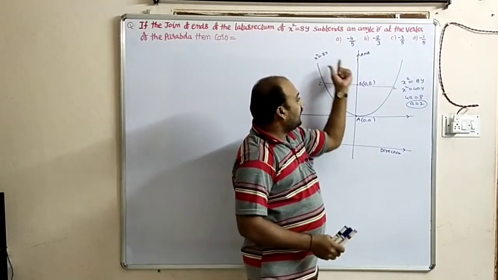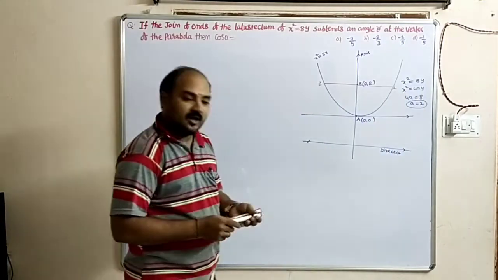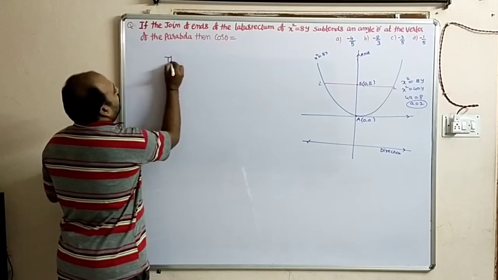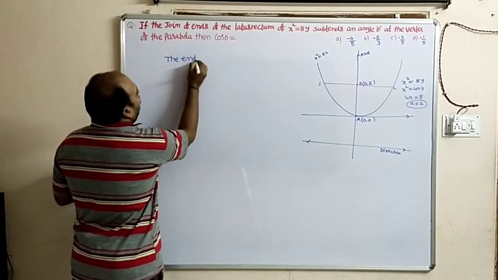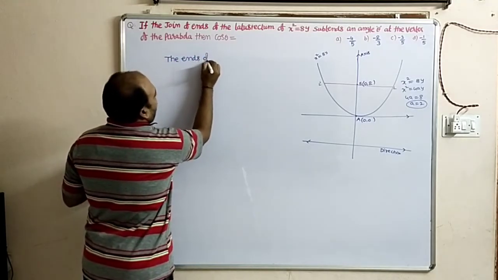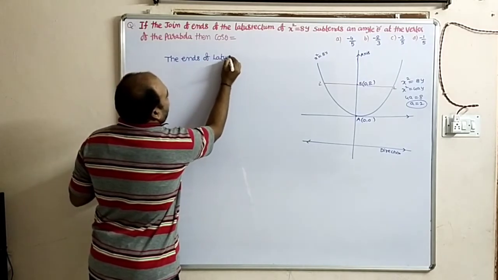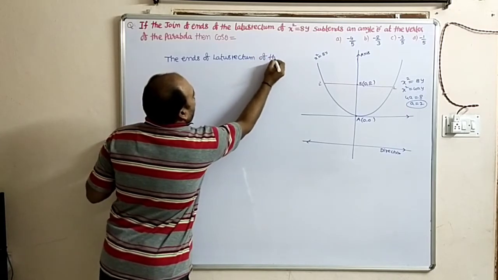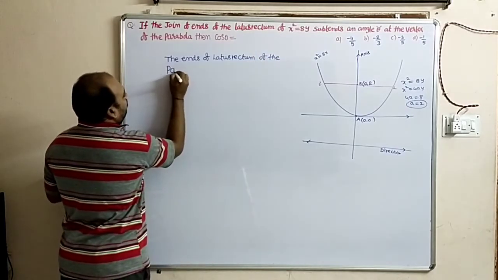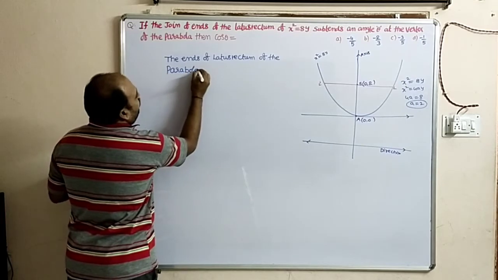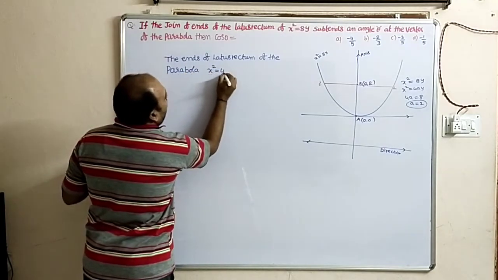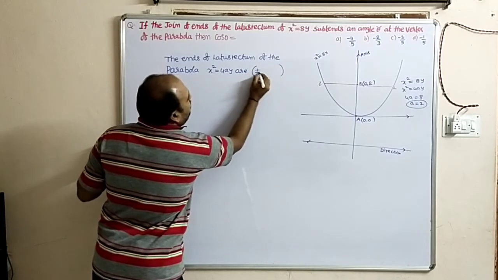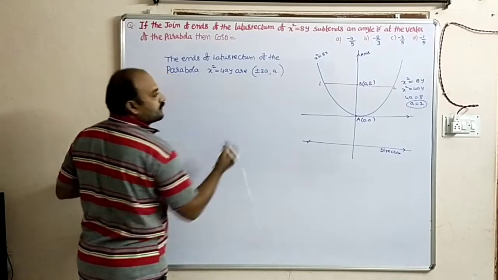For the parabola x square equal to 4ay, the ends of latus rectum are plus or minus 2a comma a.